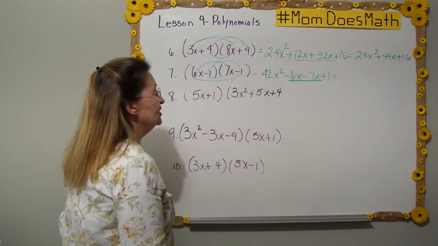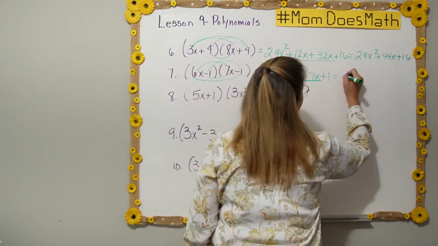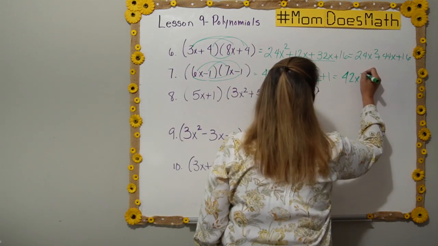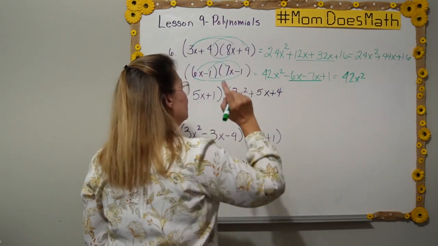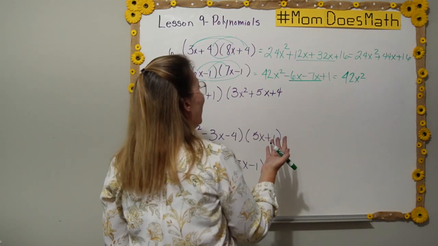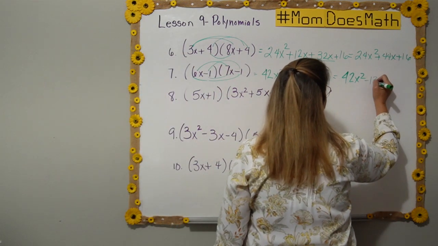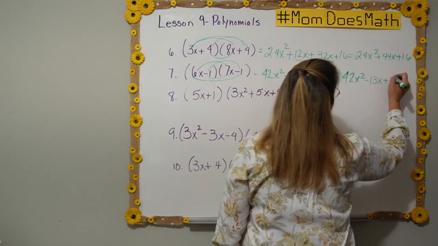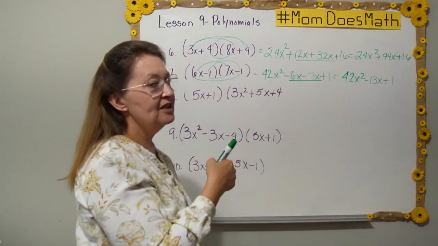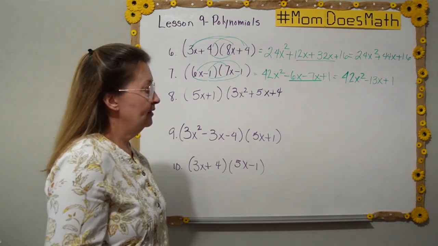These two middle terms can be combined. So you're going to have 42x to the second. All right, minus 6 minus 7, what do you do when you have two numbers with the same signs? You add them and keep the sign. So that's going to be negative 13x plus 1. So you see how you're still using skills from those earlier lessons. You know, we're just compounding.